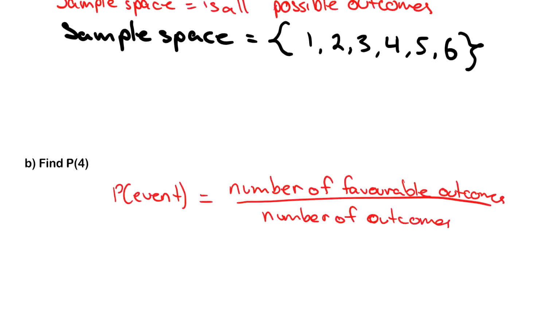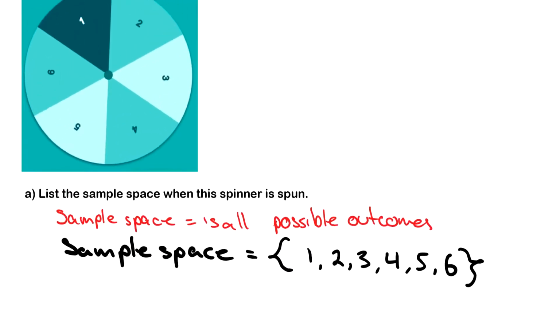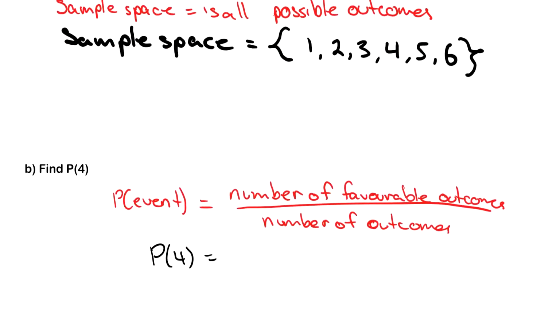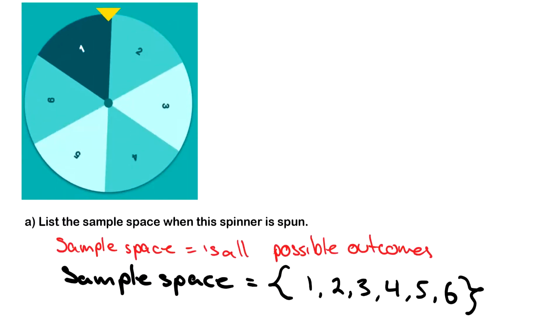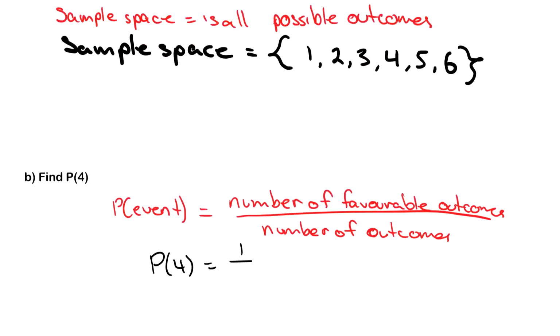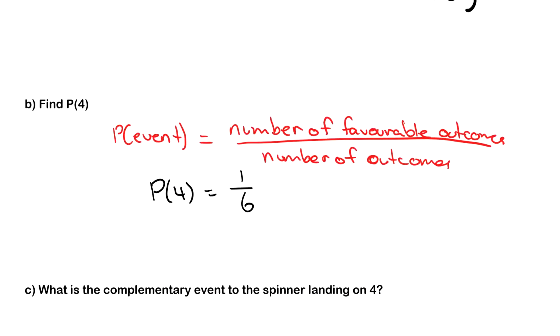So in our case, our number of favorable outcomes is 4. In our spinner there is only one 4, so we'll have 1 on top of our fraction. And the number of outcomes is 6 because there's 6 numbers, so 1 over 6.